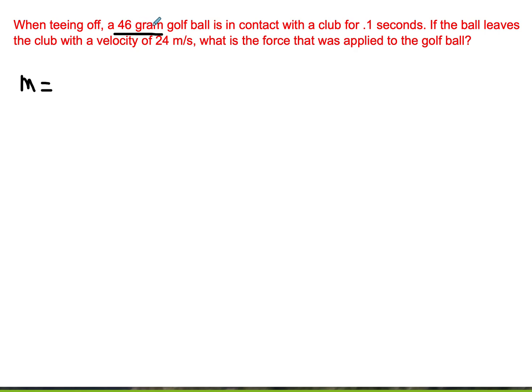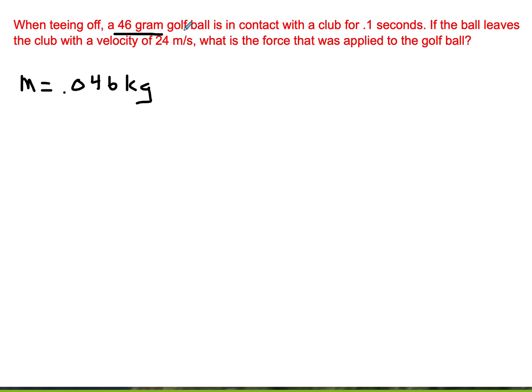In physics, we're going to use kilograms. So we have to divide this by 1,000. Or I think you guys learned last year in chemistry, I don't know if you remember it, that you move the decimal to the left 3 places. I can review that with any of you that want that, but I'm going to write down the mass is 0.046 kilograms.